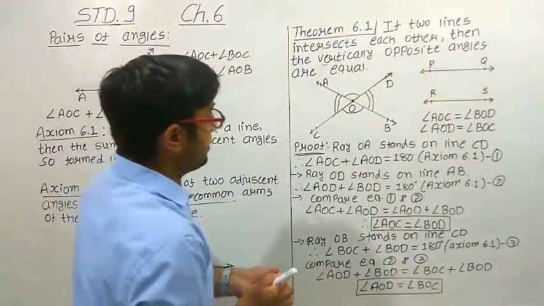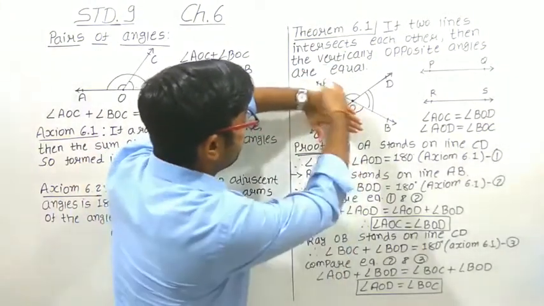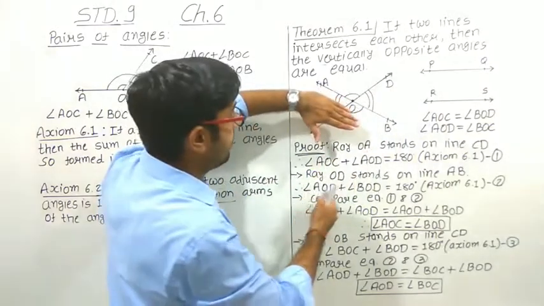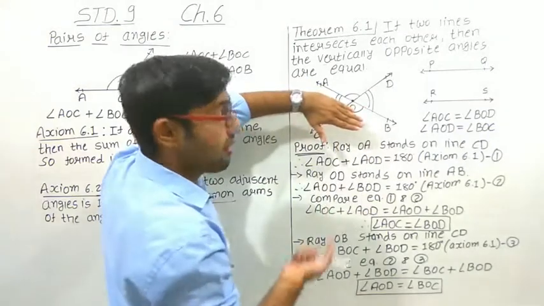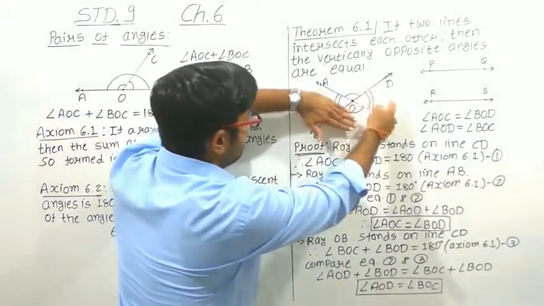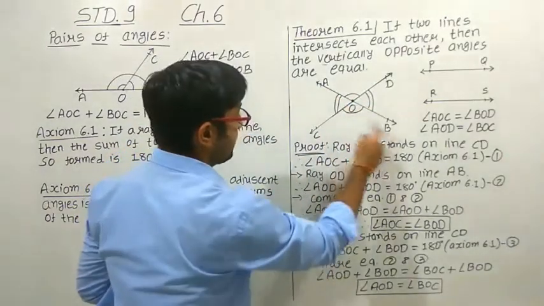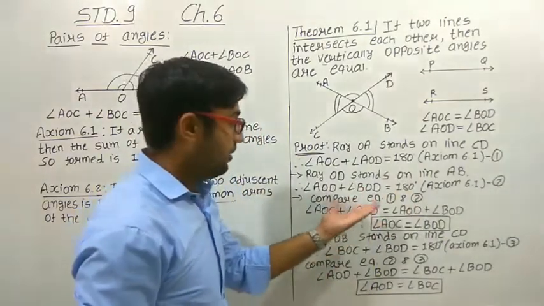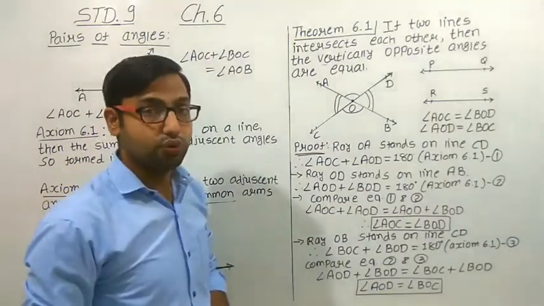So now consider only this portion, do not consider OC. AB is a line, OD is the ray standing on it. So these two angles are also adjacent angles, making a linear pair, right? So the total will be 180 degrees. So write down AOD plus BOD equals 180 degrees. Again, what do we use? Axiom 6.1. Give it equation number 2.